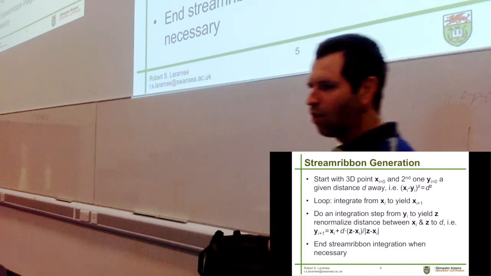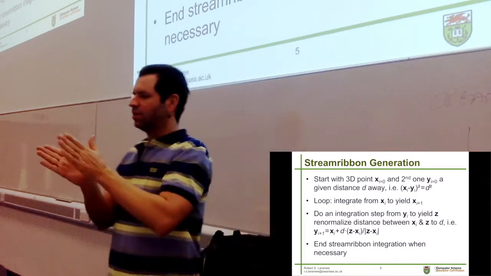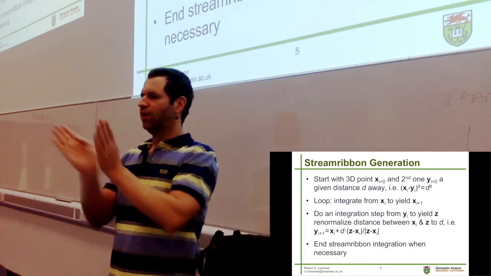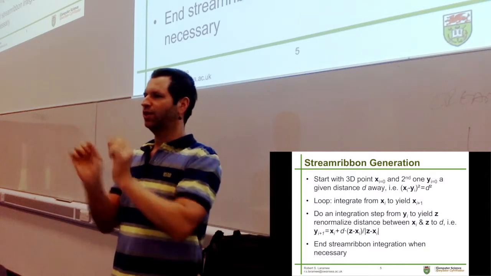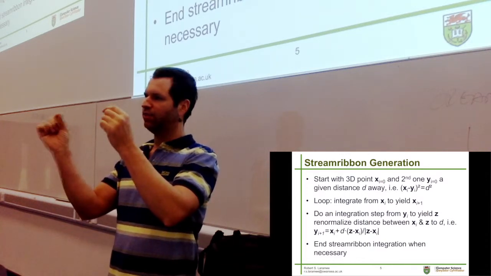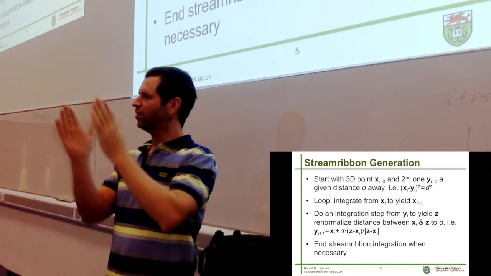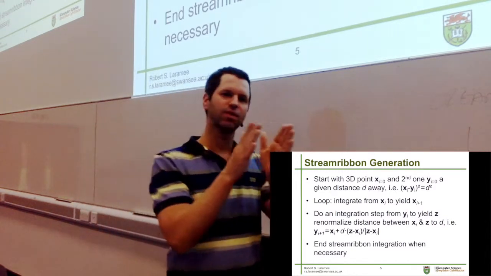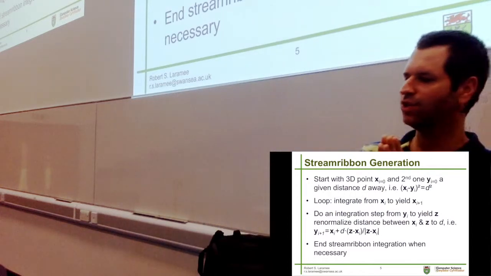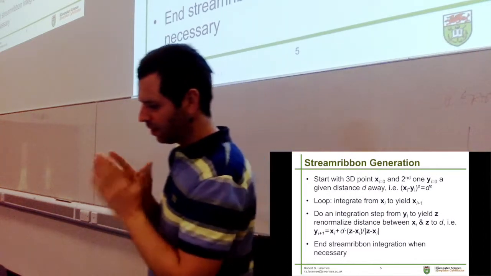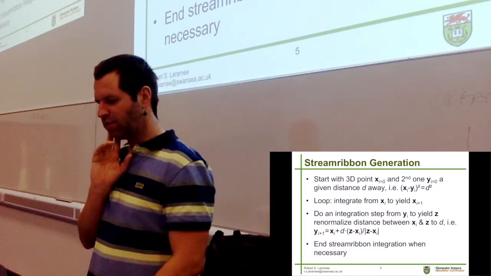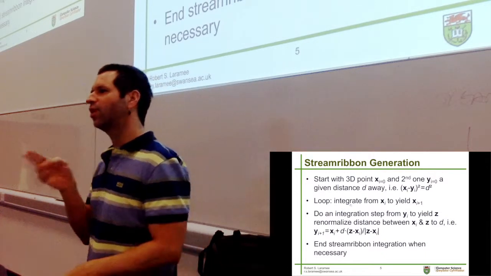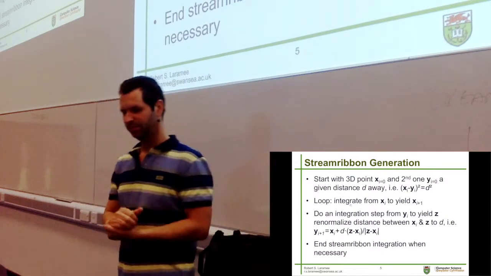But there is a normalization process. So if the streamlines are diverging from one another, the second streamline is brought closer to the first, such that the stream ribbon always has a fixed width. So that's a width normalization process. The integrate means streamline integration, which is what we talked about 1 week ago.